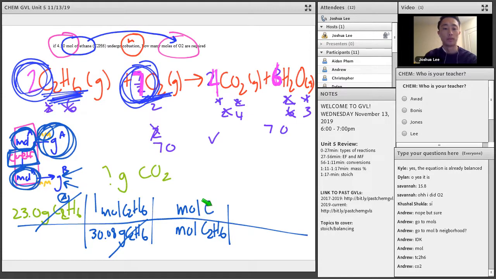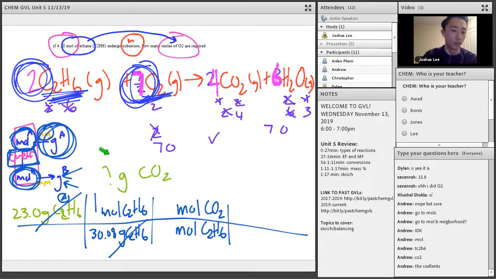And which mole do I want to go to? CO2. So now I have 2 moles. So the only fair way to give them the numbers would be to go where to grab how many of each mole I need. It's kind of hard to tell, but this word right here is, yeah, the coefficients.